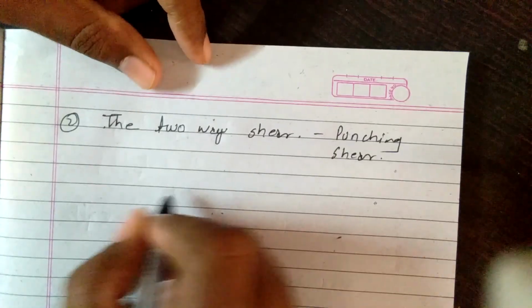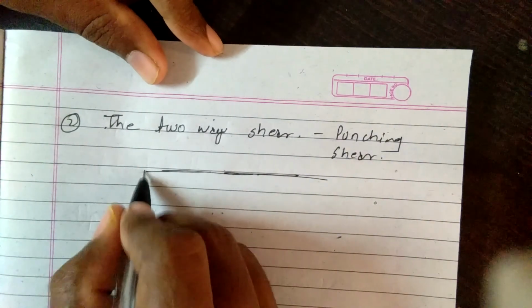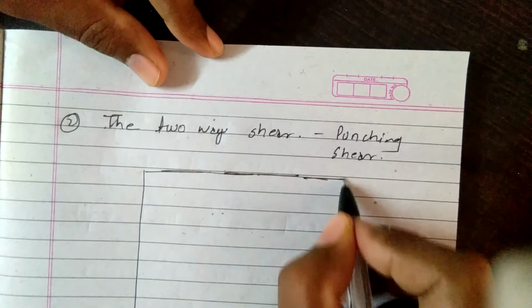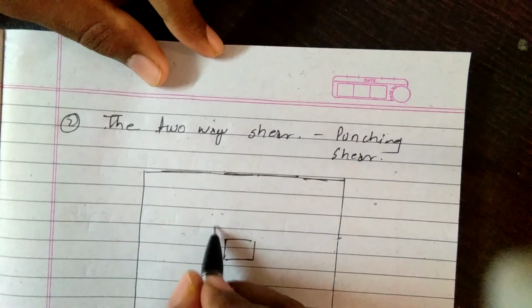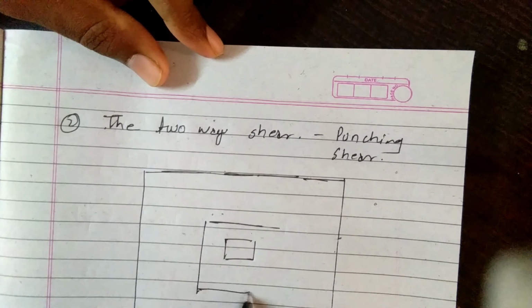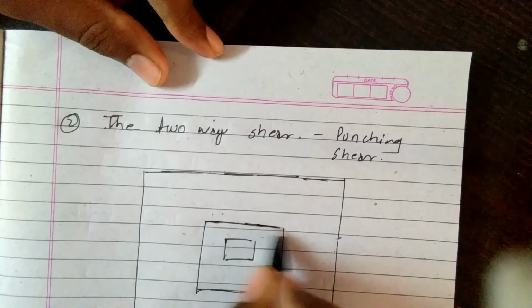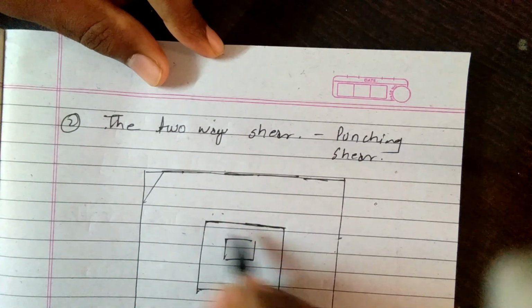For punching shear, we will again draw the plan of the footing. This is our column, this is our footing, and the punching will act over this distance.